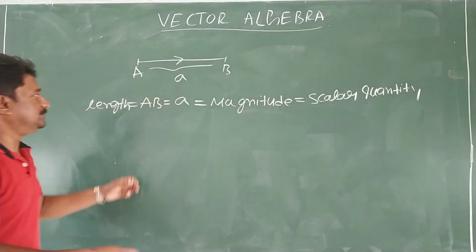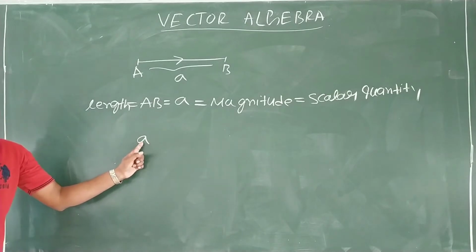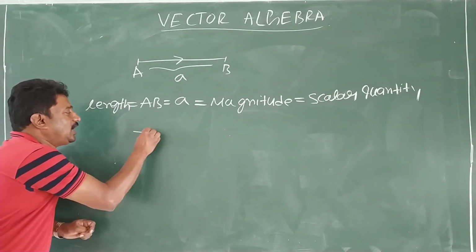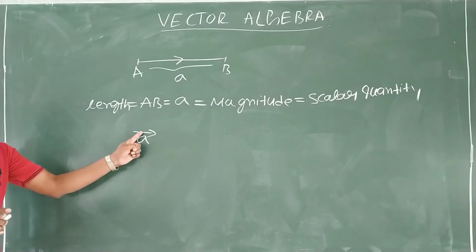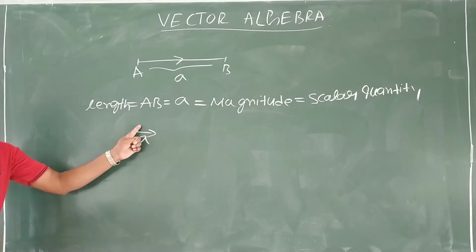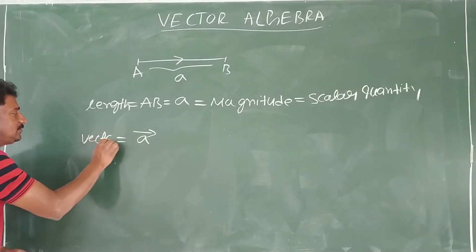Look at this, friends. A. If I write A, it means length. So if I write an arrowhead on top, then this becomes what? Vector.